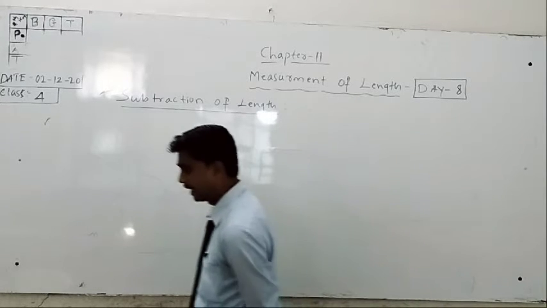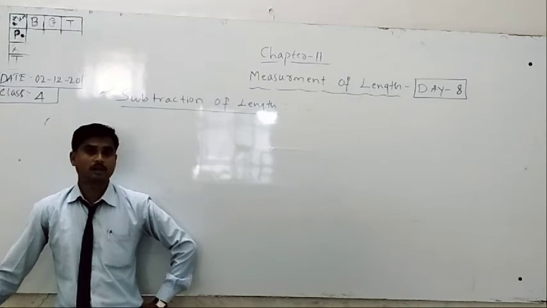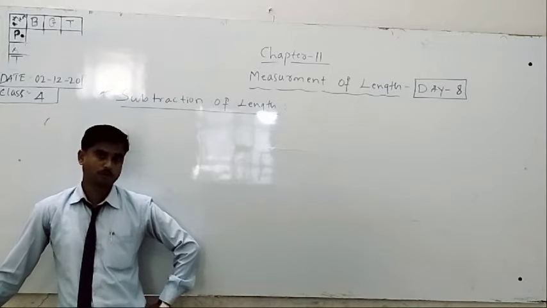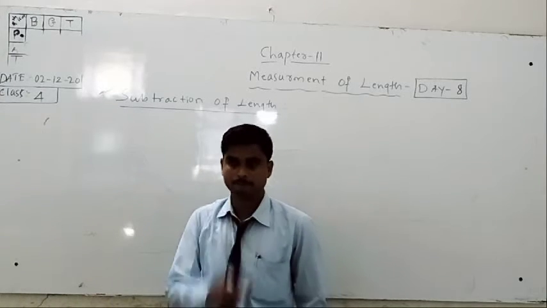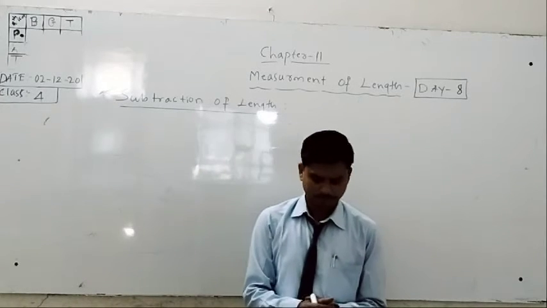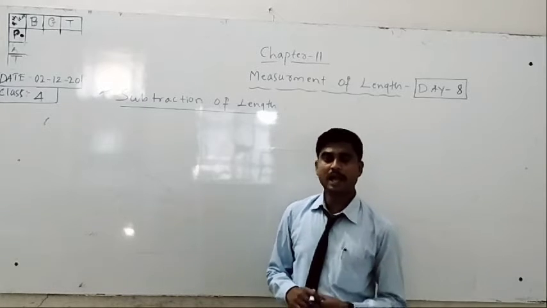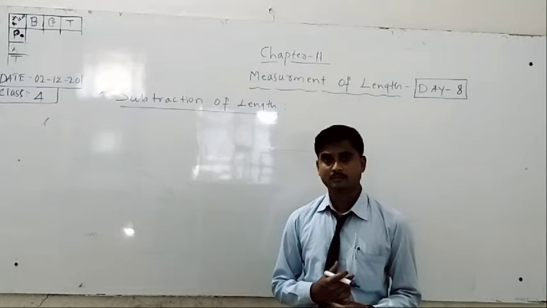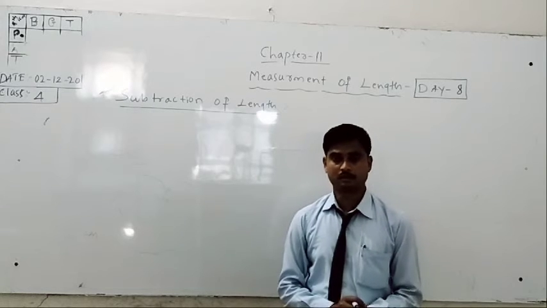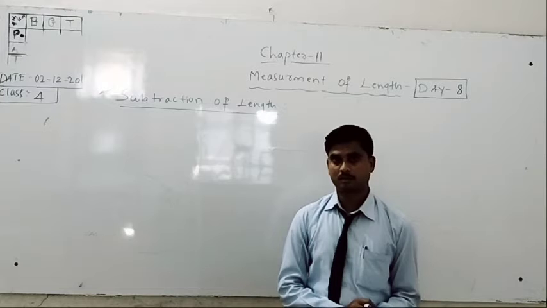Generally all of you already know how to subtract length problems. You went to a cloth shop, and the owner has red color cloth of 20 meters, but you only want 8 meters of cloth.